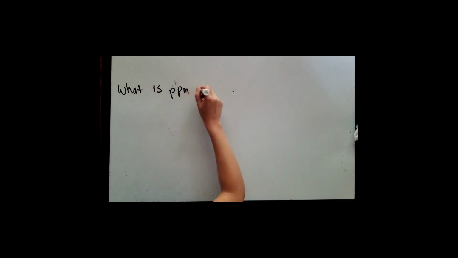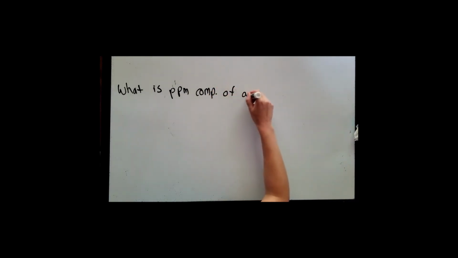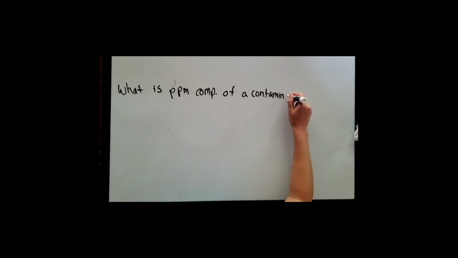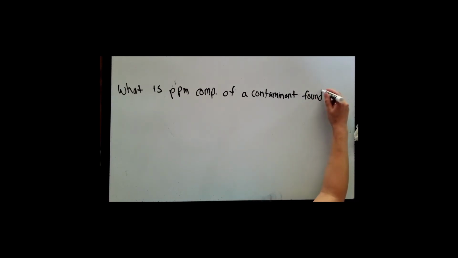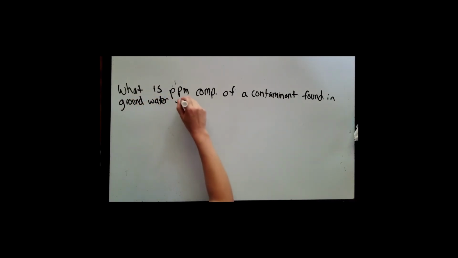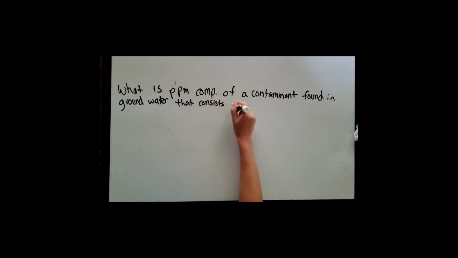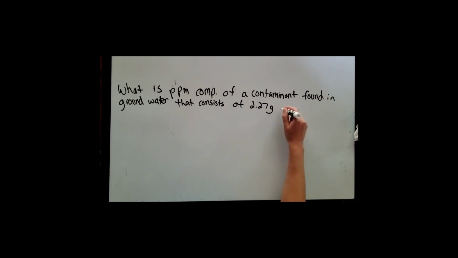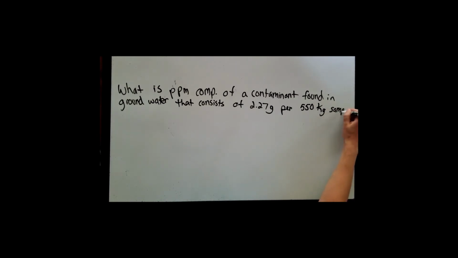Still in chapter 6, so we're still going to look at a few more concentration problems. We're going to look at what is the ppm composition of a contaminant found in groundwater that consists of 2.27 grams per 550 kilograms sample. ppm means parts per million.